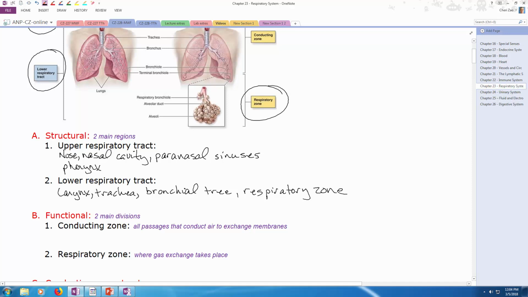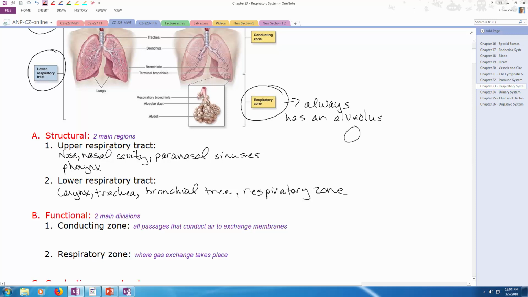That's over here on the right-hand side, because that's going to comprise the respiratory bronchiole, the alveolar duct, and then the alveoli. One of the things that's important for a respiratory zone structure, there is always an alveolus attached to the structure. An alveolus is just a little sac.